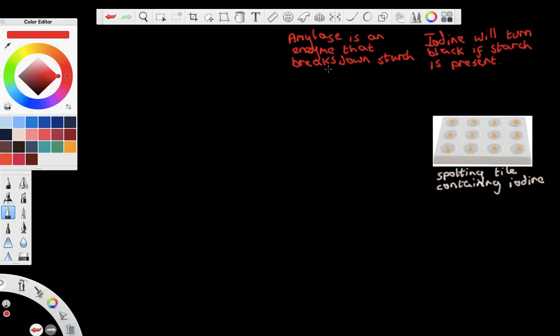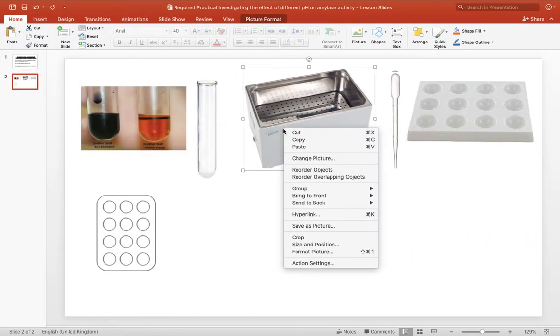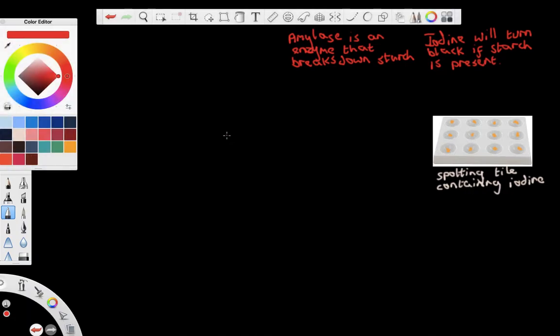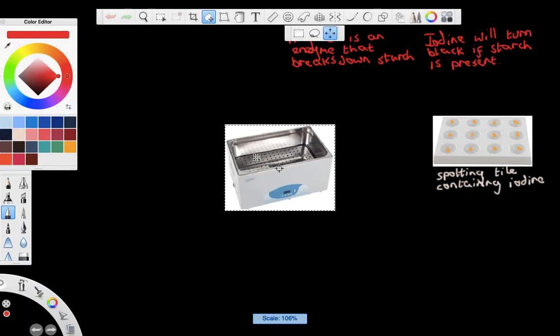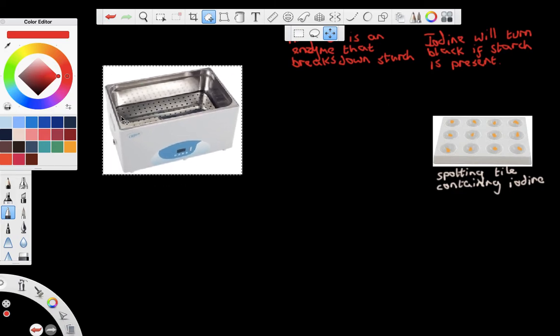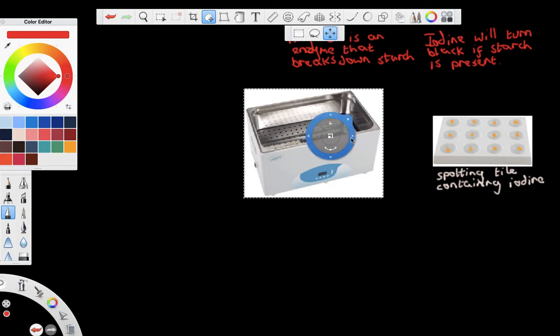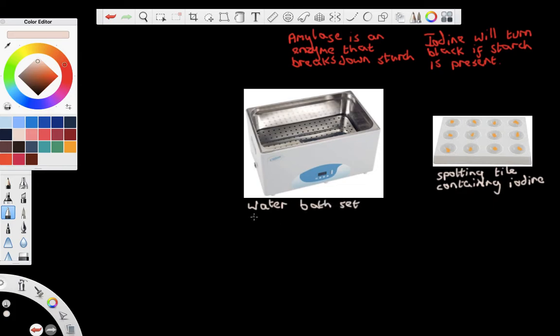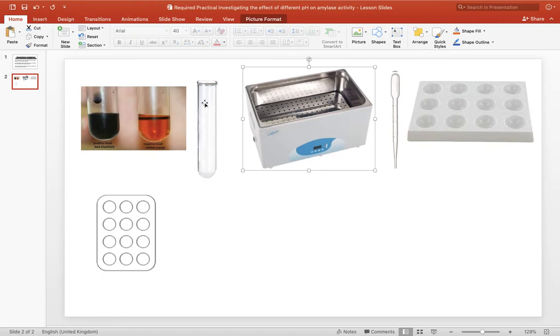So what we've done on the previous slide is we've got a water bath. So we've got our water bath set to 37 degrees. In fact, I'm going to put it a bit closer. So this is our water bath, set to 37 degrees Celsius. Inside that water bath, we've got some test tubes.